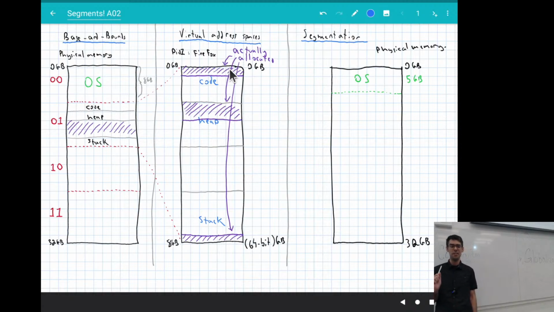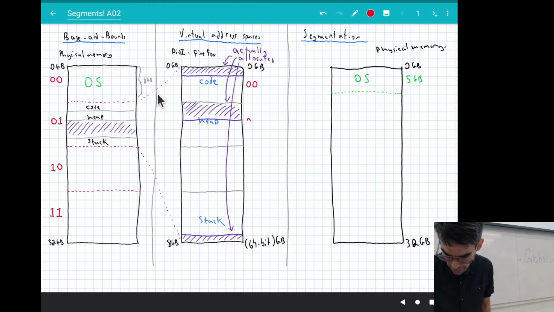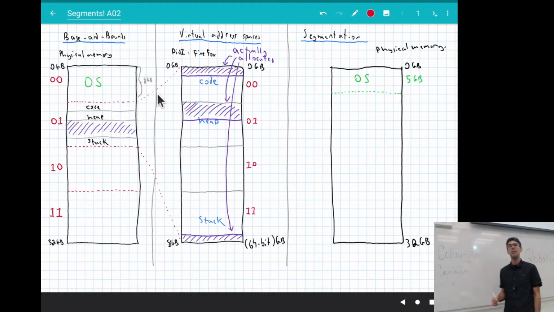In this partition of my virtual address space, these addresses all start with 2 zeros in binary. These addresses all start with 0 and 1 in binary. These addresses all start with 1 and 0, and these addresses all start with 1 and 1. So I've partitioned my virtual address space into 4 different partitions.